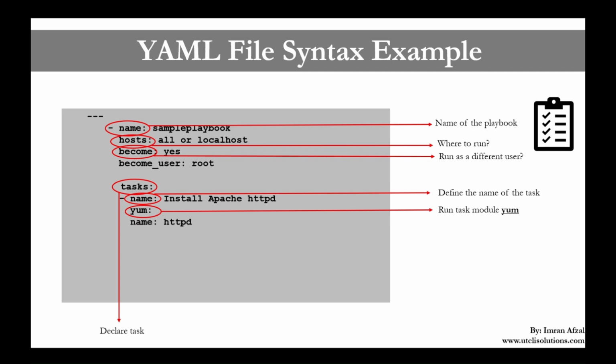What is the name of that package that you wanted to run using the module yum? That would be HTTPD. Now, this is the exact name that you would use as if you are running yum install HTTPD or yum install NTPD or yum install any package name. So that package name has to be the exact same name that you would install it with DNF or yum.